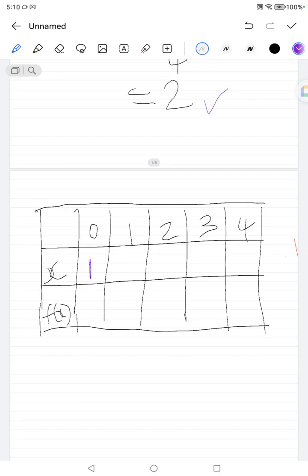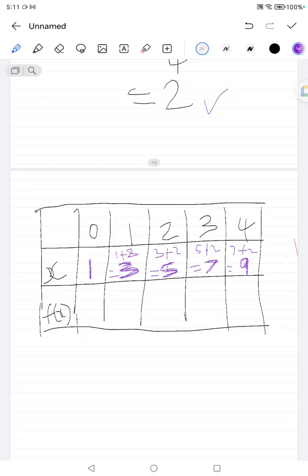So you have your 1 plus 2, which gives you 3. Then 3 plus 2 gives you 5. Then 5 plus 2 gives you 7. Then 7 plus 2 gives you 9.